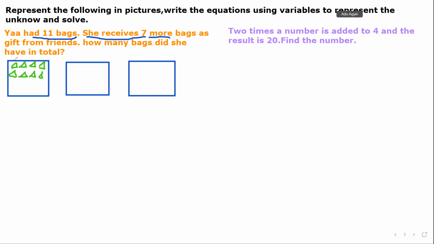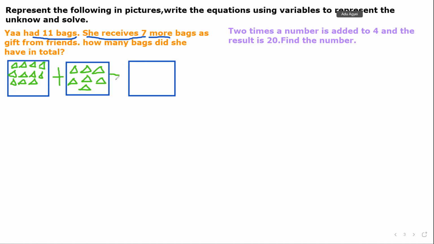1, 2, 3, 4, 5, 6, 7, 8, 9, 10, and 11. Okay. She received 7 more, which means to be plus. Okay. 7 more bags. So good.